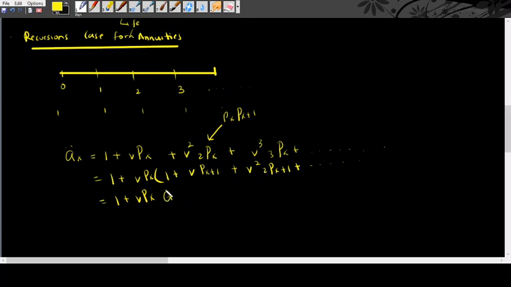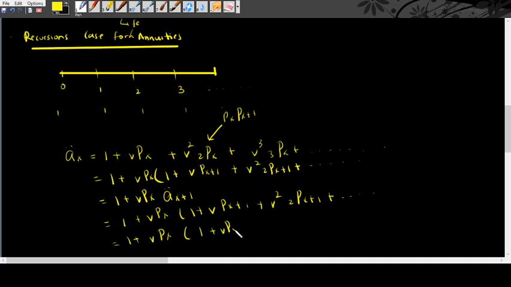Here is ä_x+1. If I repeat the same pattern, I will have 1 plus vp_x ä_x+1. Here, rewrite it as 1 plus vp_x+1 plus v^2 2p_x+1 plus and so on. It is equal to 1 plus vp_x times (1 plus vp_x+1 times (1 plus vp_x+2 plus and so on)).